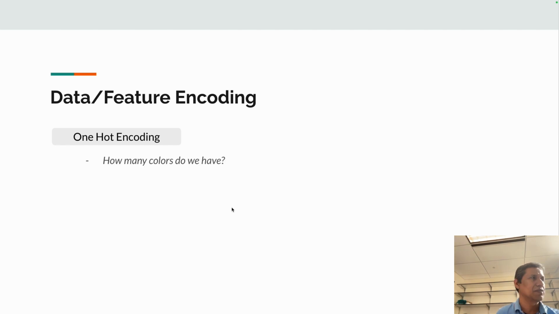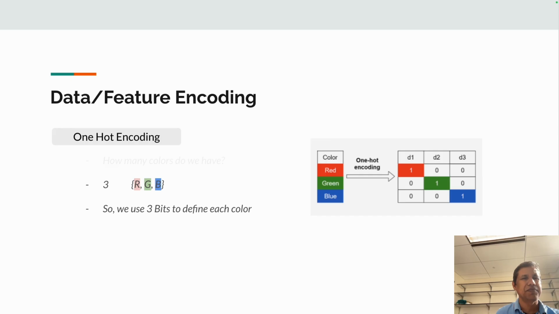For example, here we have represented the first column 1 for red, the second column 1 for green, and the third column 1 for blue, and we fill up the rest with zeros.